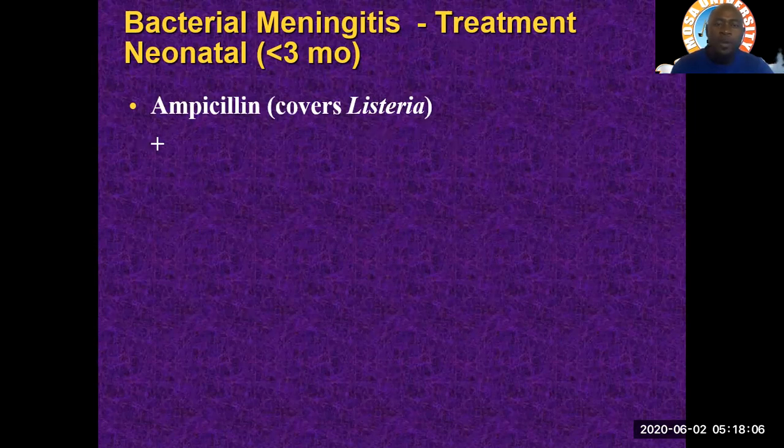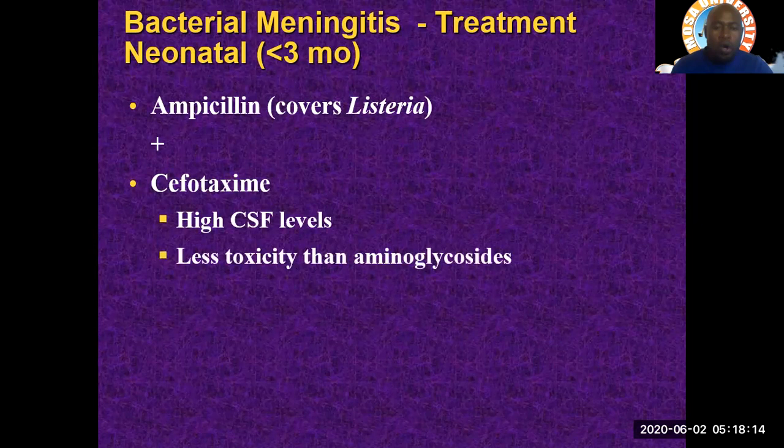For bacterial meningitis in infants who are greater than 3 months, we will start them with ampicillin. So the ampicillin will cover the Listeria. We will also add cefotaxime if we know that there are high cerebrospinal fluid levels. And also here, there is less toxicity than the aminoglycosides.